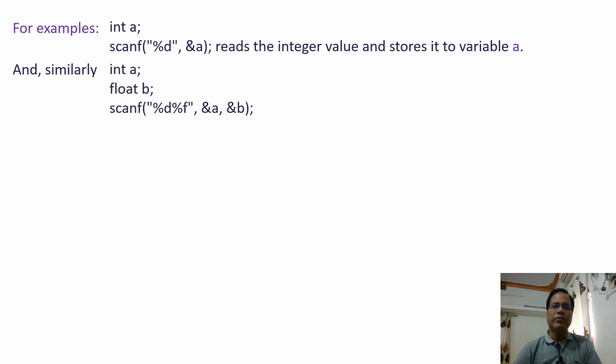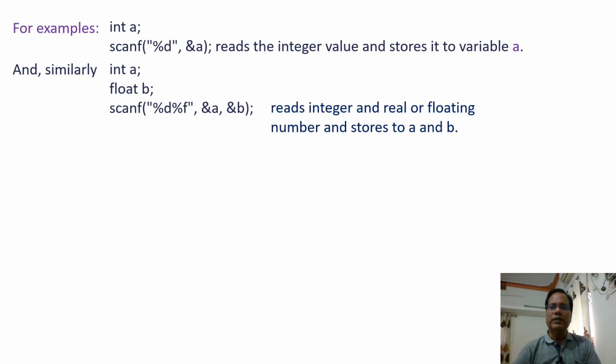And similarly, if we write int a; float b; and then scanf("%d %f", &a, &b); it reads the integer and real value, because %d is for reading integer data and %f is used for reading float data, and these data are assigned to variable a and variable b.